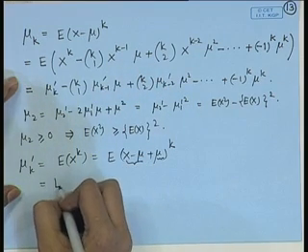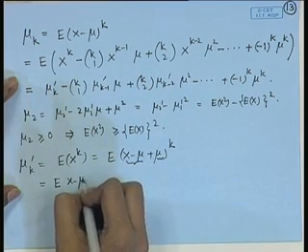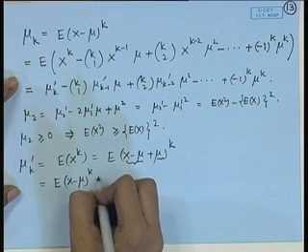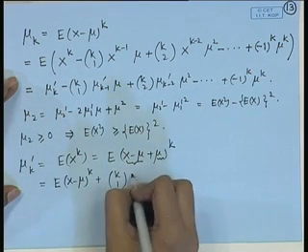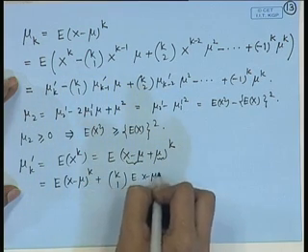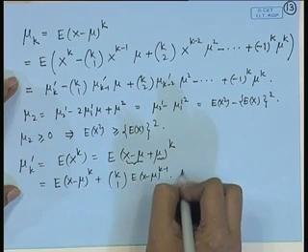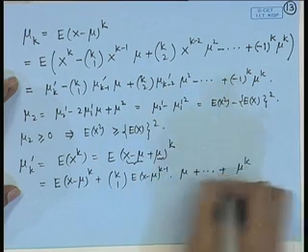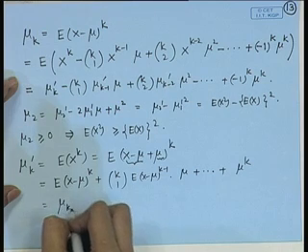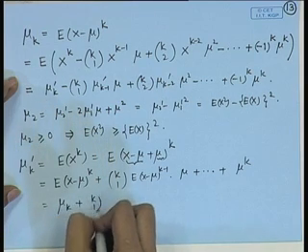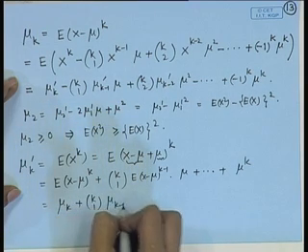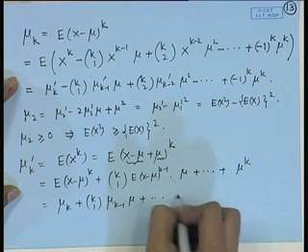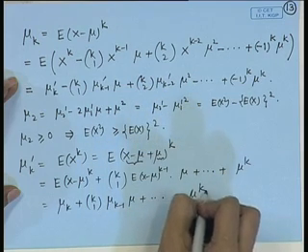So, this becomes the expansion of mu k plus k c 1 expectation of (x minus mu) to the power k minus 1 times mu and so on, that is equal to mu k plus k c 1 mu k minus 1 mu plus mu to the power k.